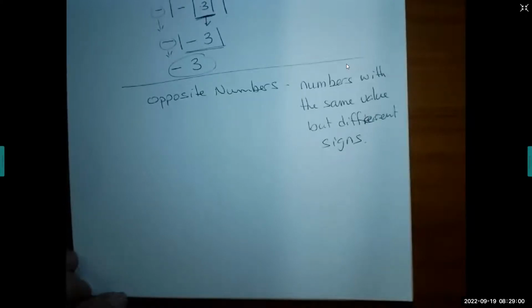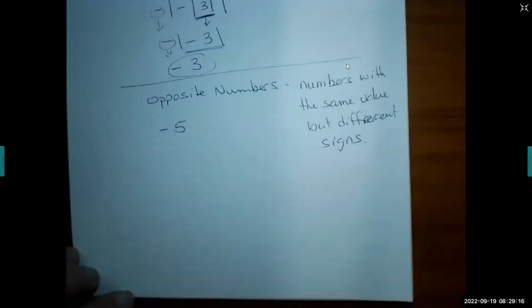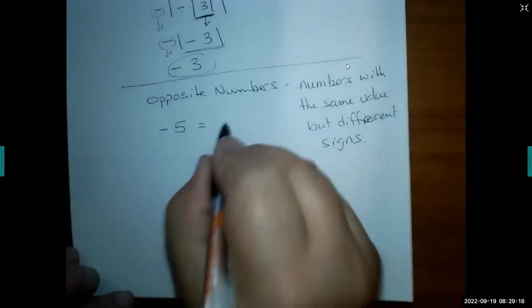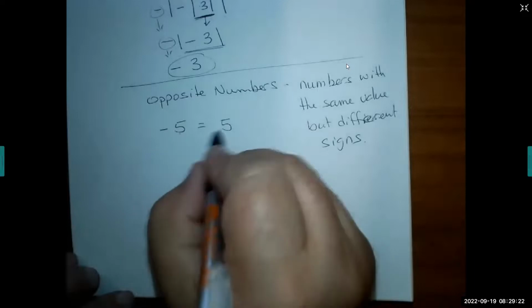Opposite numbers simply mean numbers with different signs. So what's the opposite of -5? It's 5, because it's the same number, but different signs.